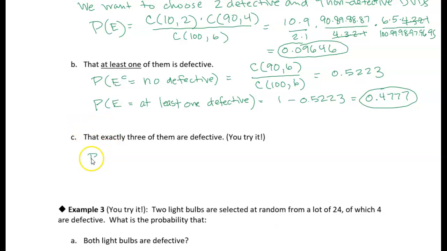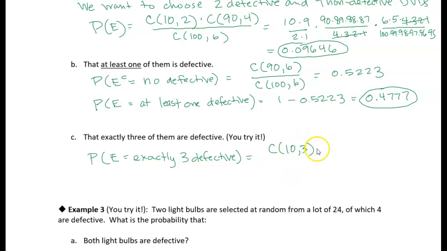All right, so we want to know the probability of the event where we get exactly 3 defective DVDs. Okay. All right, so let's think about this. We have 10 defective DVDs, right? We need to choose 3 of them. Okay, so 10 choose 3.